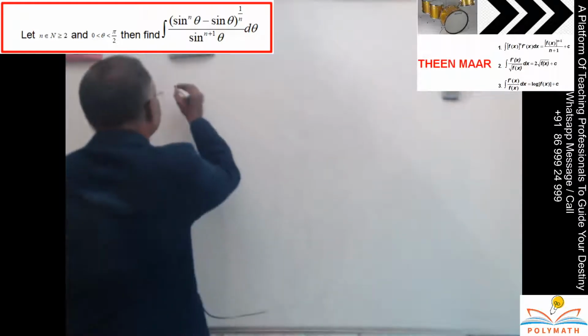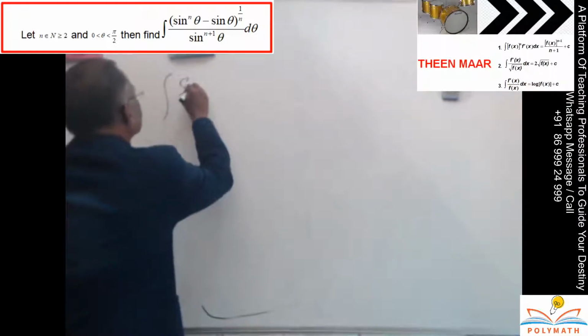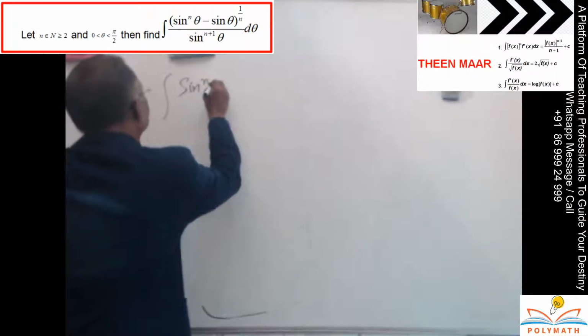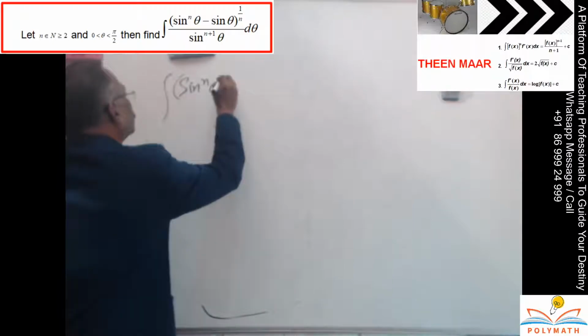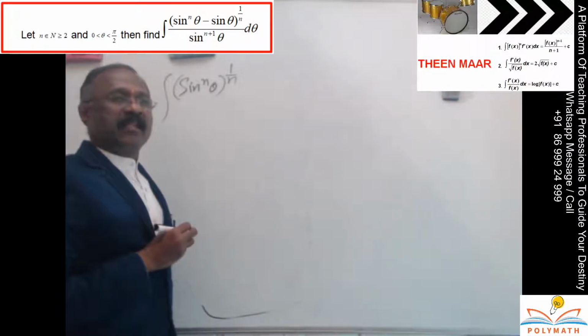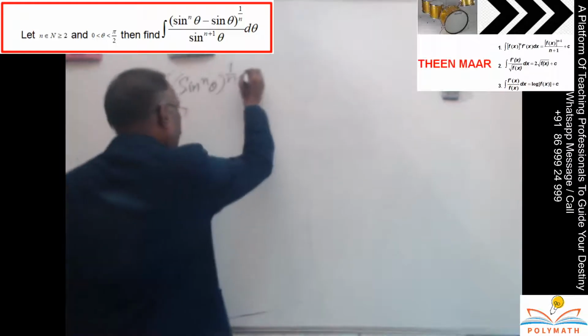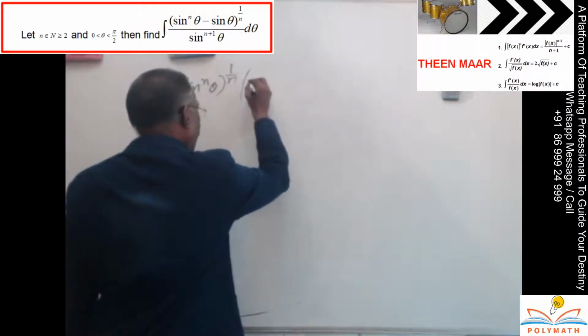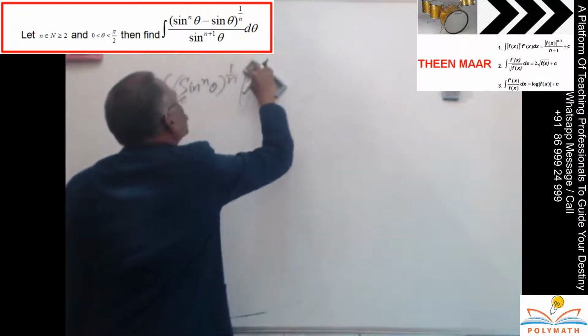Integral of. I am taking out sine nth theta common. If I take sine nth theta common, because whole power n is there, whole power 1 by n is there, that also comes out. So what is remaining in the brackets? Into 1 minus.